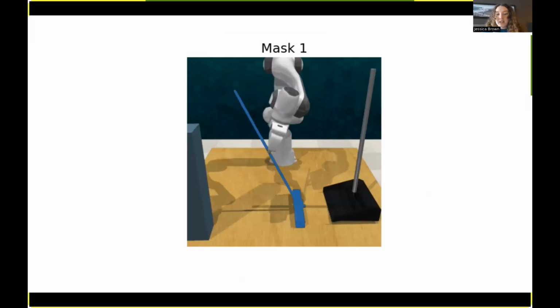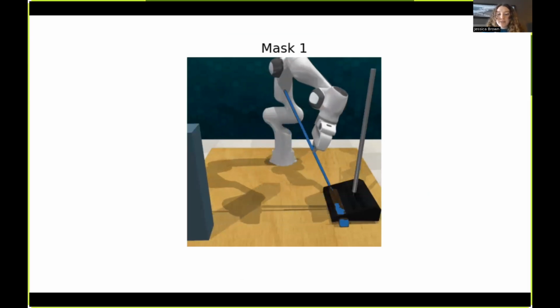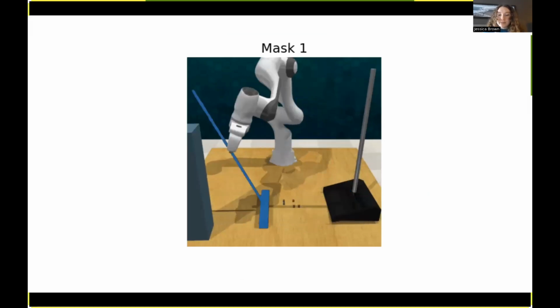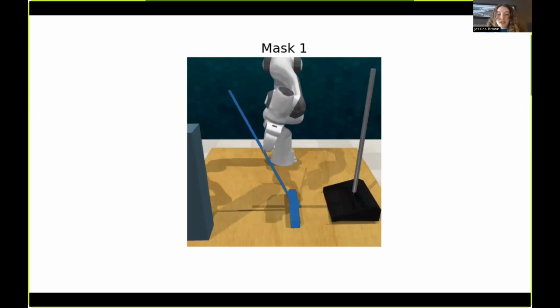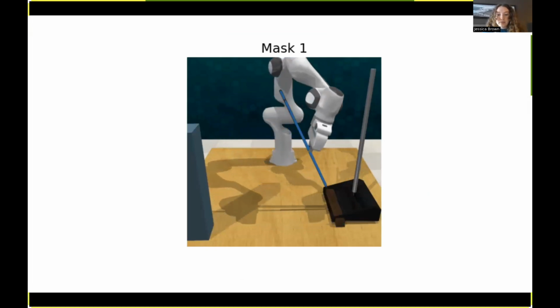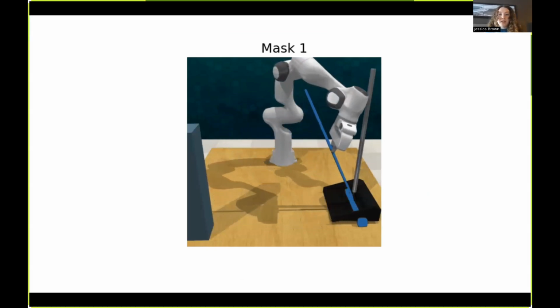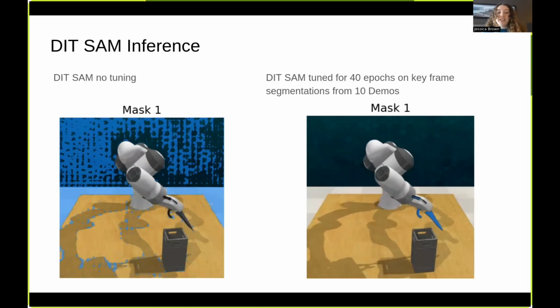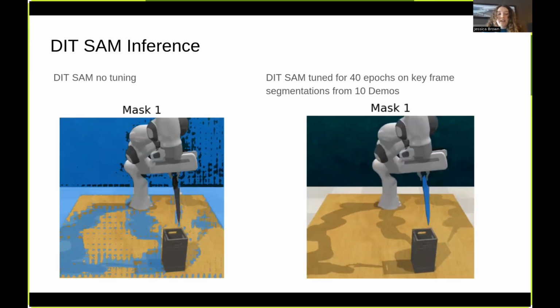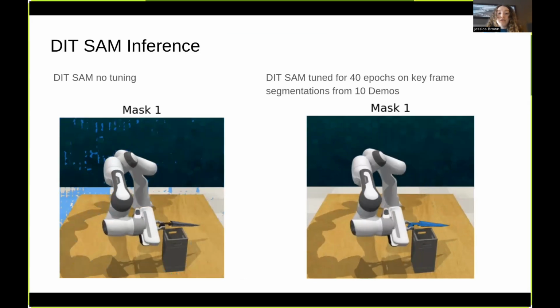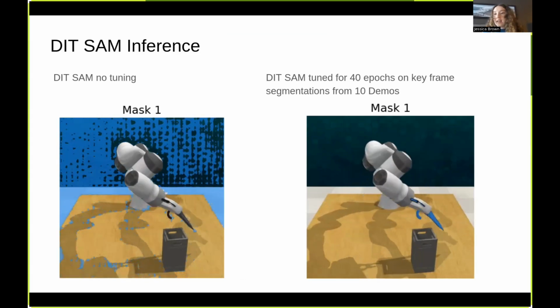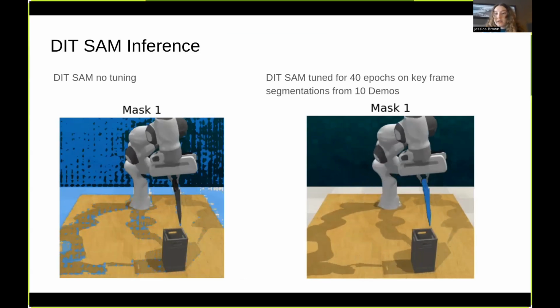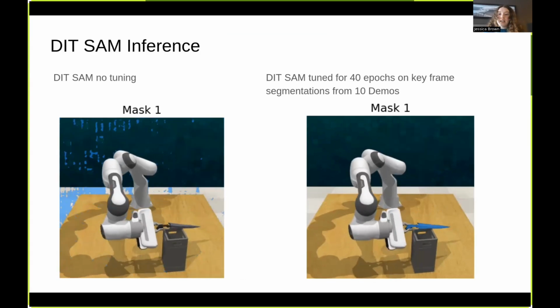And here are some inference videos after training, or tuning rather, a segmentation model. And here's a qualitative ablation study on the tuning to validate that it is important to actually tune the model. And you can see that it is.